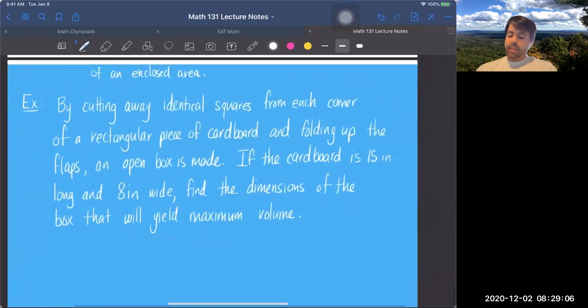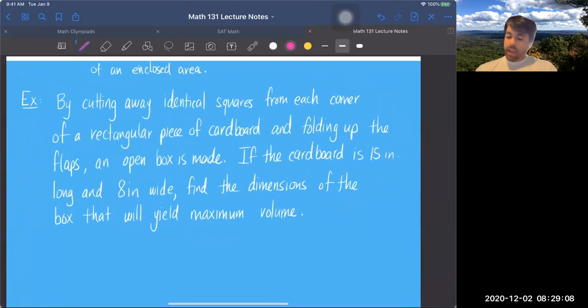Again, this is classic. I'm going to write this over here. This is a classic example of optimization.